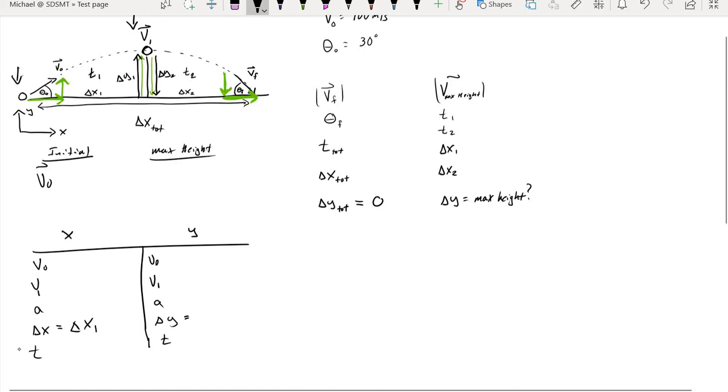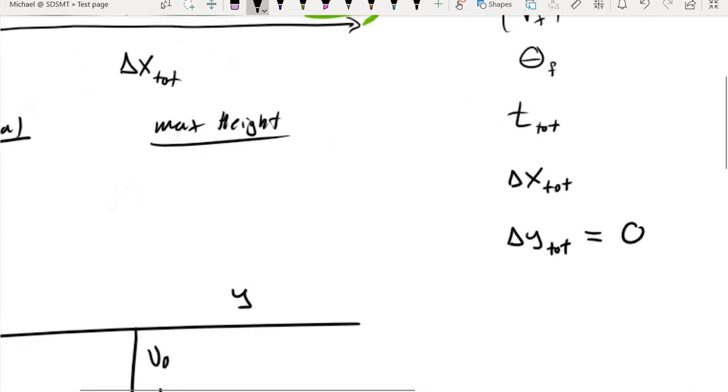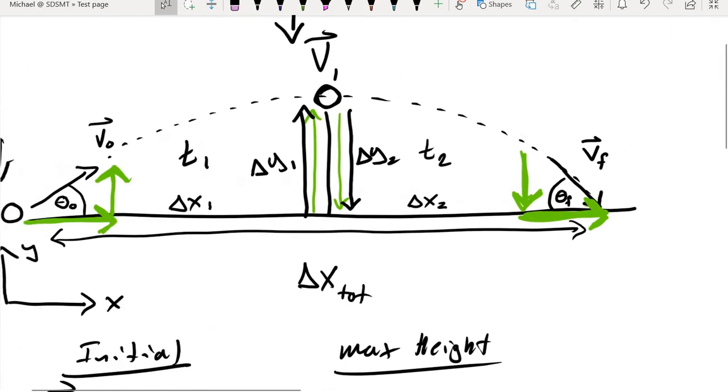The displacement that occurs along the y-axis is delta y1, also known as the maximum height. Then there are the velocity components v naught x and v naught y.